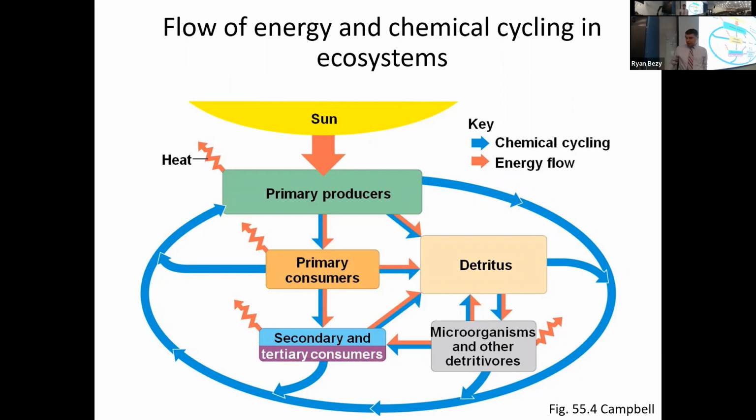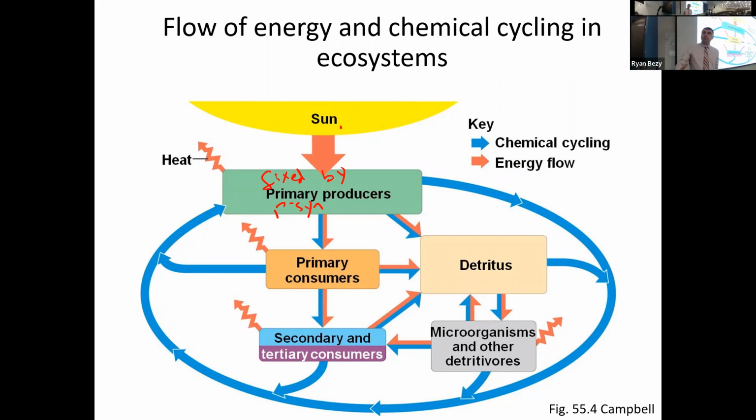Energy is going to come in as sunlight. That sunlight is going to be fixed by primary producers. We usually think of these as photosynthetic organisms, but there are some other types involved as primary producers. We'll talk a little bit about that. Those primary producers harvest light energy and convert it into chemical forms, storing it up.